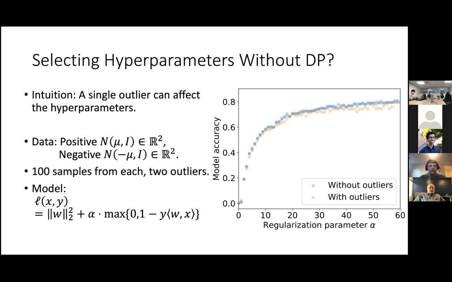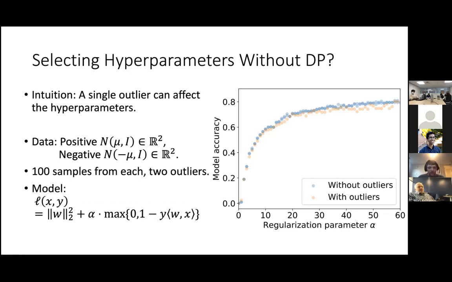Just to be a little bit more precise, this is a two-dimensional classifier. Your positives and negatives are two Gaussians, nicely separated. We have 100 samples from each. And then we just have two outliers that are basically mislabeled by the obvious classifier.